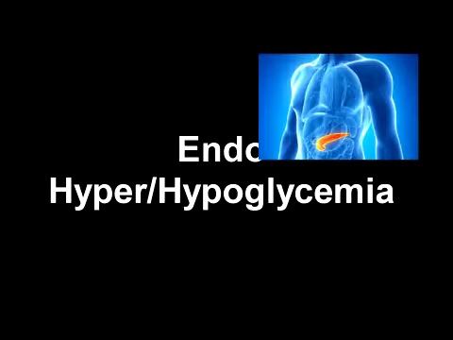The only time you admit and fast the patient for a 24-hour hold is when the cause for the hypoglycemia is not apparent. If you don't know why the patient developed hypoglycemia, you admit them and you hold them for 24 hours. Okay? Are you all with me? Good.